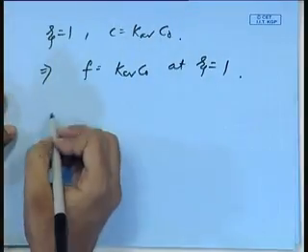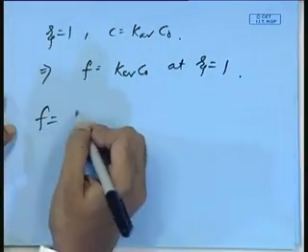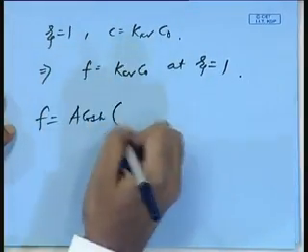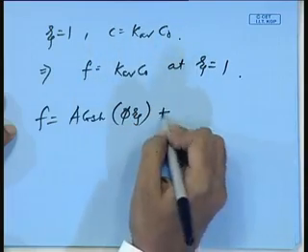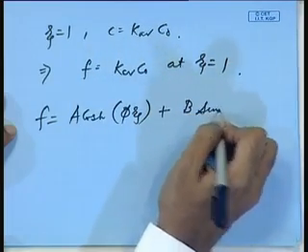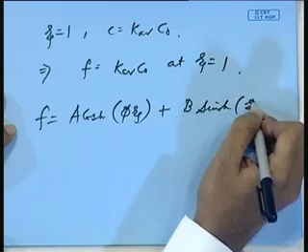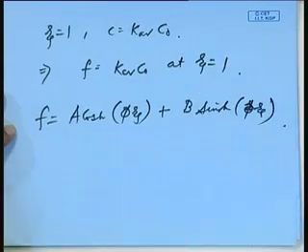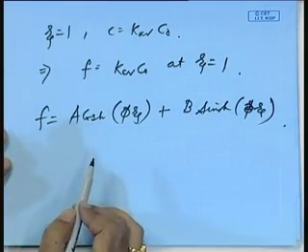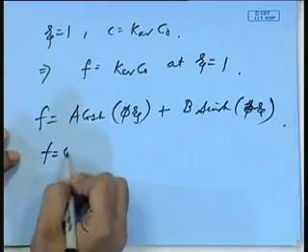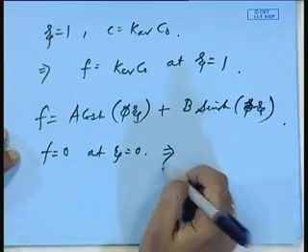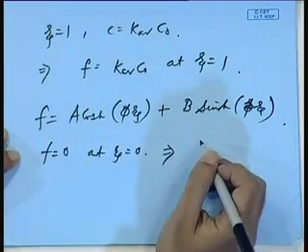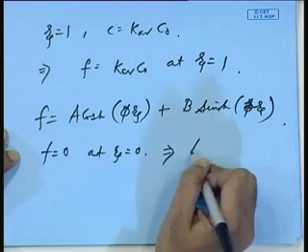Now, your solution to your equation is f equals A cos hyperbolic phi psi plus B sin hyperbolic phi psi, right. So the first boundary condition, f equals 0 at psi equals 0, implies that A is 0, right.